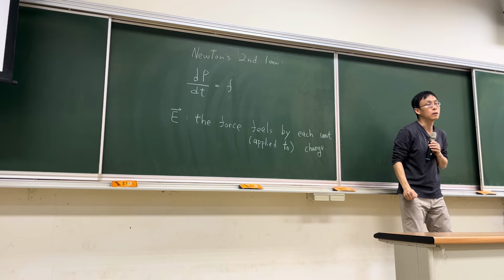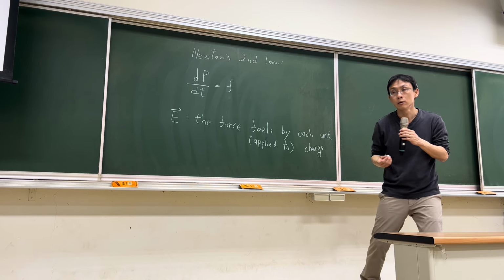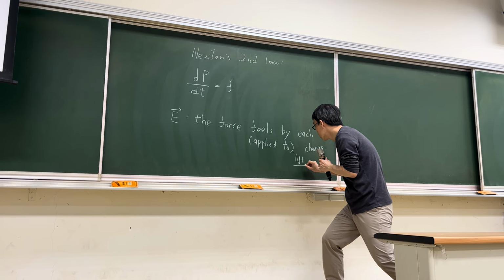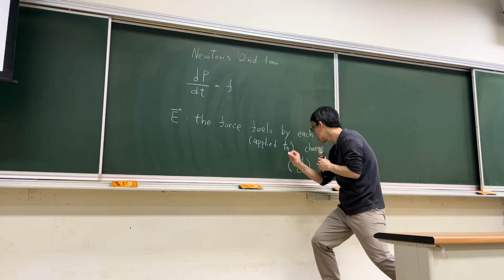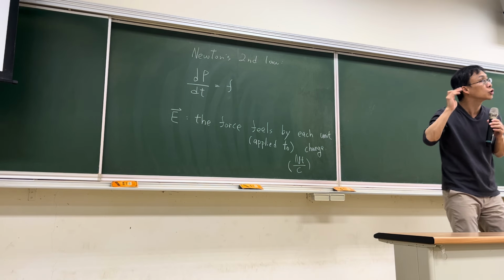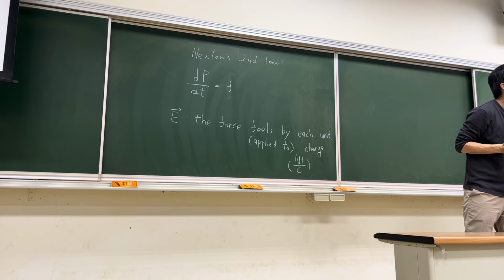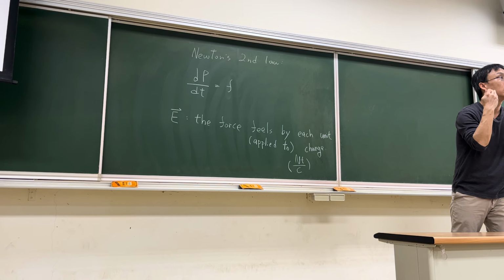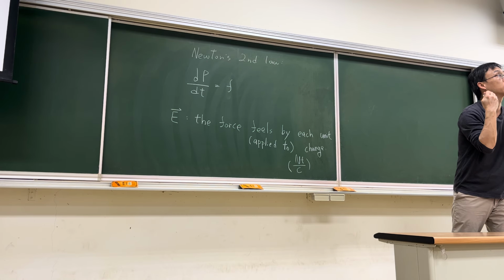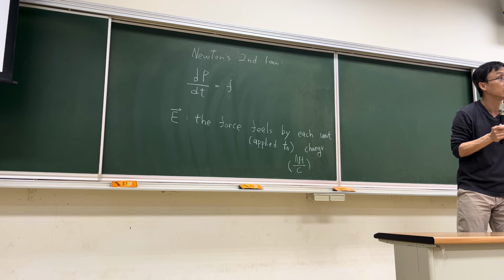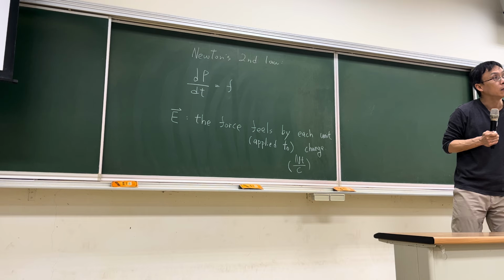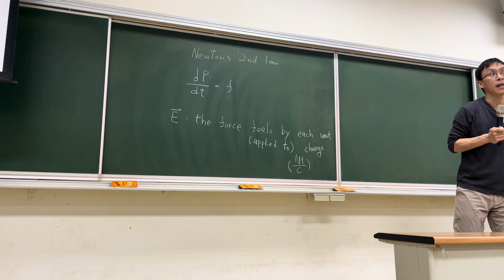Okay? So mathematically, you can say it is of the unit of Newton per Coulomb. 单位电荷受到的力叫做电场。Okay? So that's the origin of electrical fields. 好，电场的意思就是每单位电荷所受到的力。所以这个力呢 will be applied to the electron.